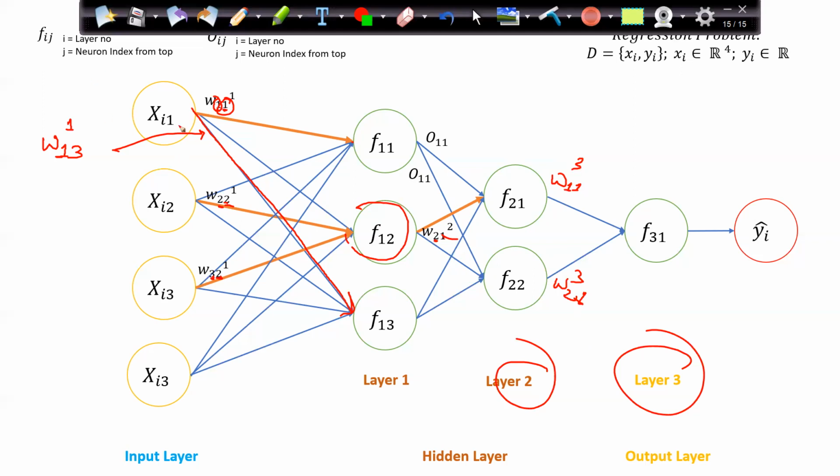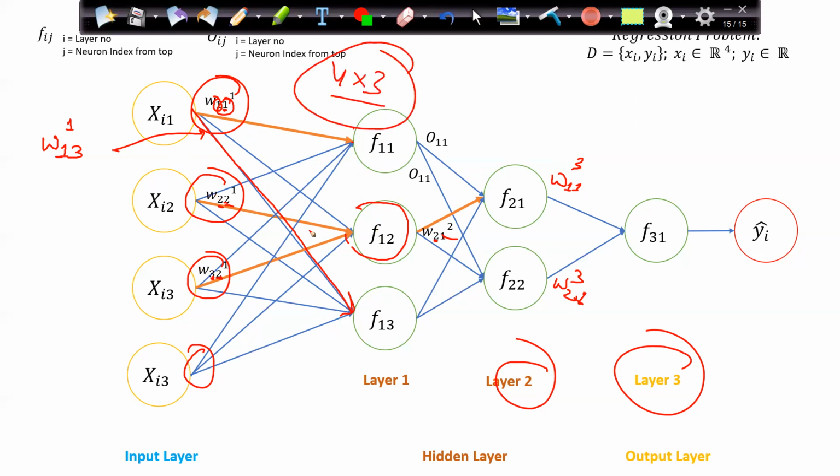And every layer will have some weights, right? So this is one weight. I will have some weight here also, here also, and here also. And it's going to the next layer where I have 3 neurons. So I have 4 inputs and 3 neurons. Total it is 4 into 3, I will have 12 weights. So weight from here, here and here. Same way here, here and here. Same way here, here and here.